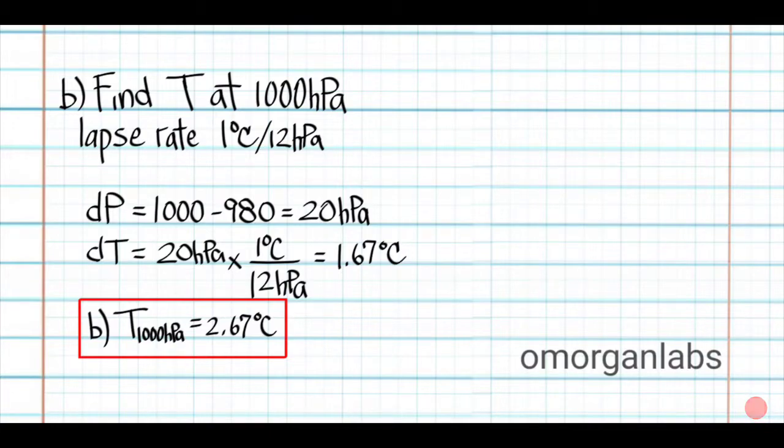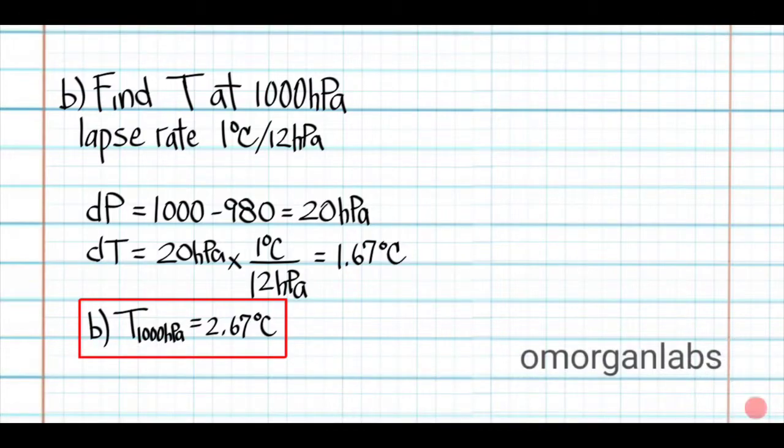Delta P here would be 1000 minus 980, okay, equals 20 hectopascals. Plug that all in. Delta T comes out to be plus 1.67 C. So we started out at 1 degree C, and our delta T is 1.67 degrees C. So our temperature at 1000 hectopascals is 2.67 degrees C.